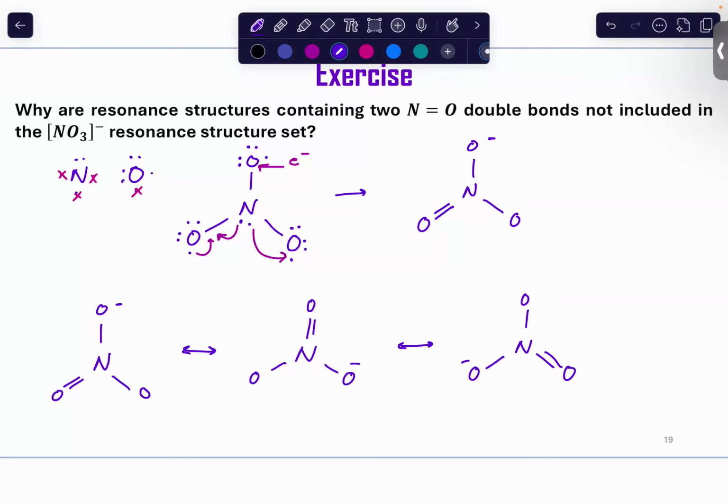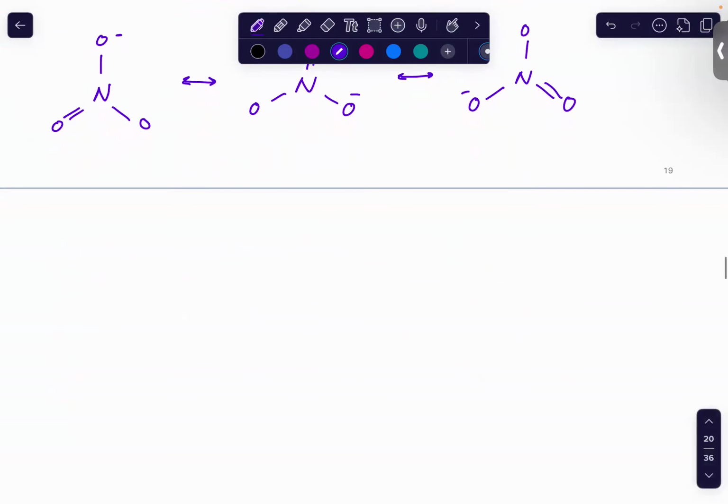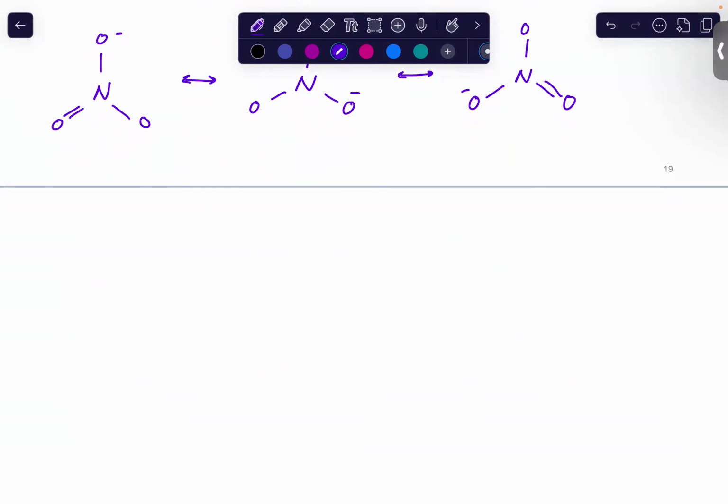Yeah, so you remember we saw multiple pi structures for the BF3. Do you remember why that was? Because of the empty p orbital. Right, so let's look at the p orbitals here.